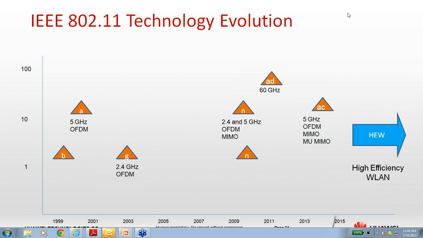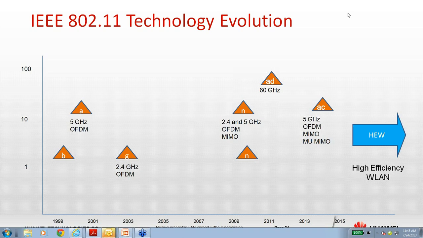With the conclusion, or the near conclusion, of 11AC, people start looking at what comes next. The 802.11 working group has started a new study group called High Efficiency Wireless LAN. Basically, it looks at areas where efficient use of wireless LAN can be achieved, and at problems with current wireless LAN deployments and how we can overcome them.